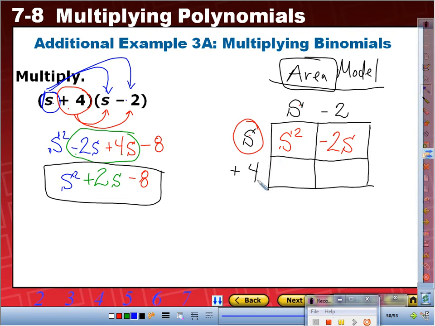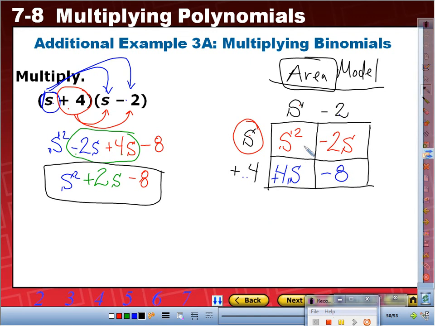What is this measurement? 4. What is this measurement? S. So what is 4 times s? 4s, and it's a positive. Are we there? So we know that this measures what? 4. What does this measure right here? -2. So what is 4 times -2? -8. Are we there so far?